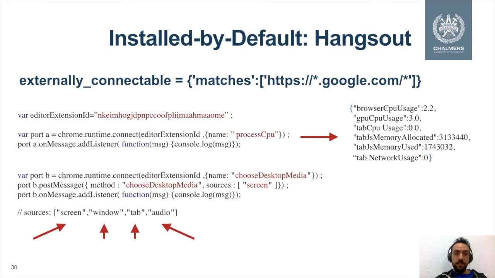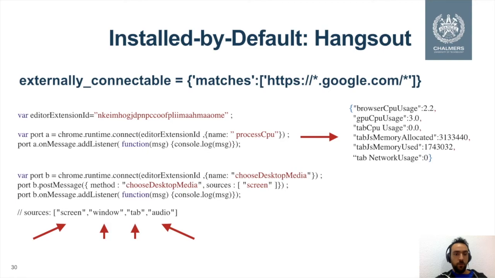But this Hangouts extension also accepts another option as a parameter, which is choose desktop media. By using this other option, Google can have access to the screen of the user, for instance to get screenshots of the window as well as the tab of the browser, and also the mic of the user.